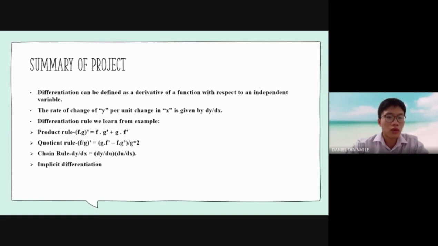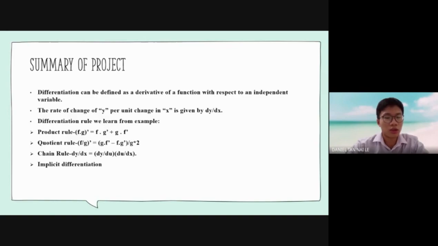So this is the quotient rule. After that, the chain rule applies when a function y equals f(u), where u equals g(x). Then the chain rule is defined as dy/dx equals dy/du times du/dx. So this is the chain rule.